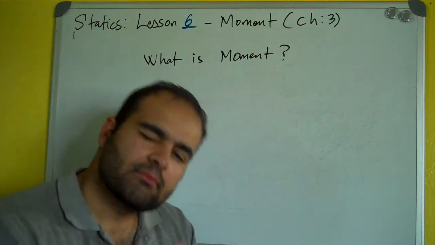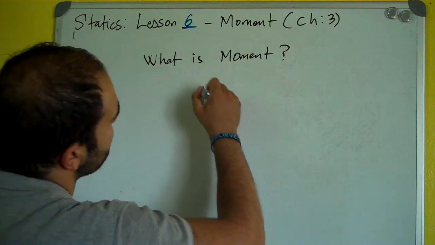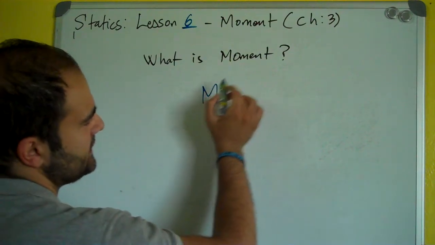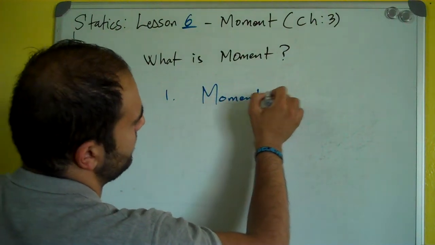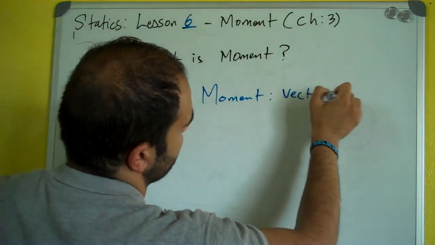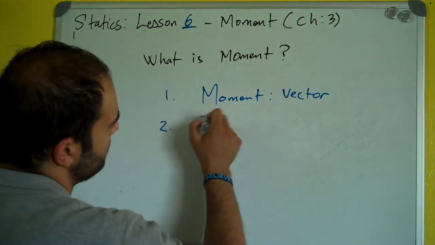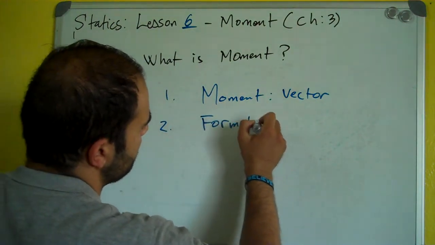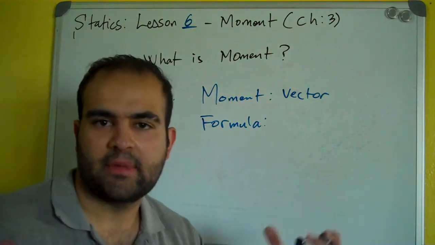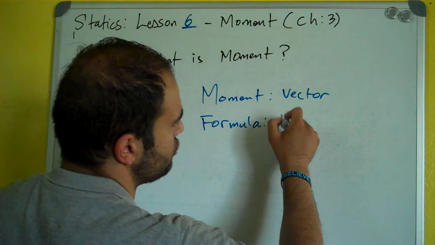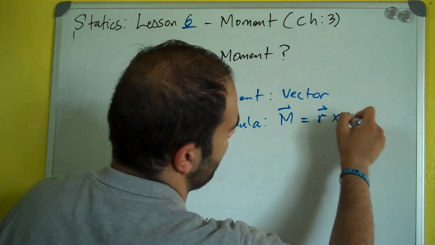Sort of similar, but in statics or in civil engineering, moment is, number one, a vector quantity. Two, the formula, or the simplest way to define a moment, is the cross product between R and F.